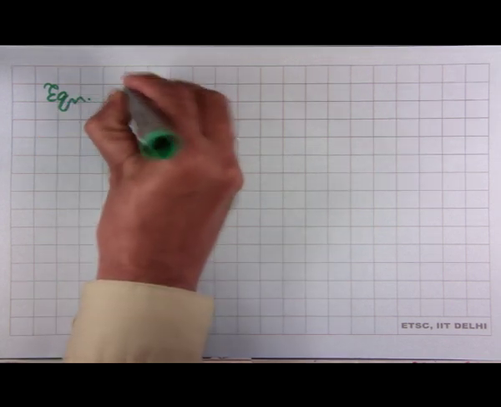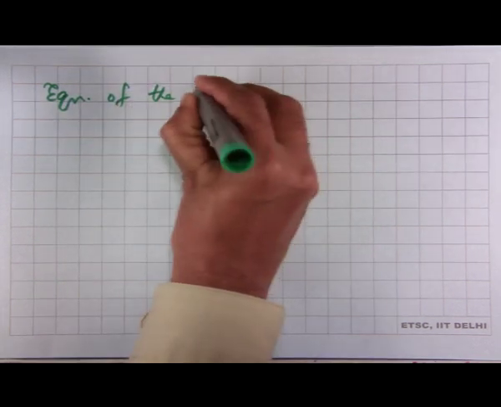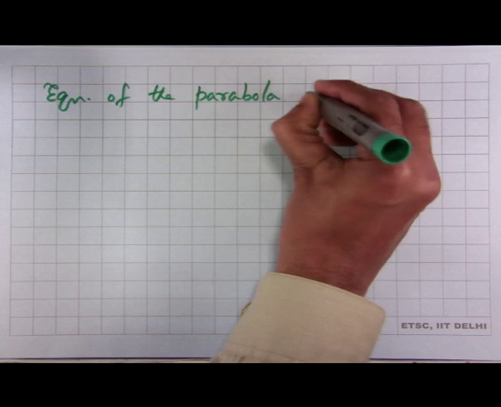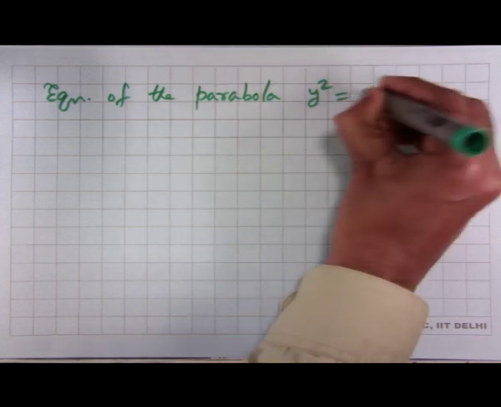So, for example, let us look at the equation of the parabola y square equal to 4ax.